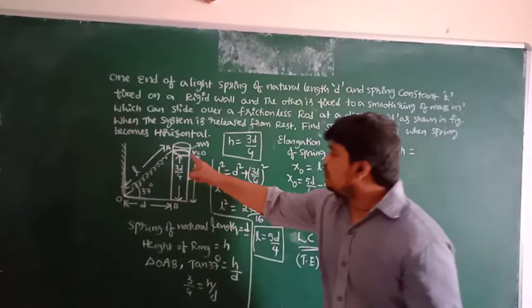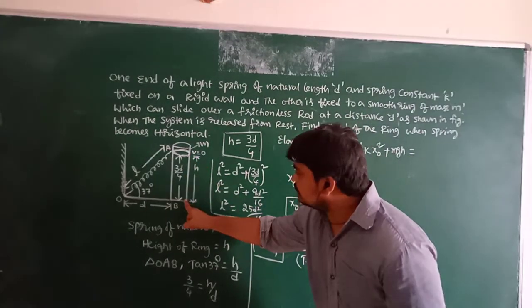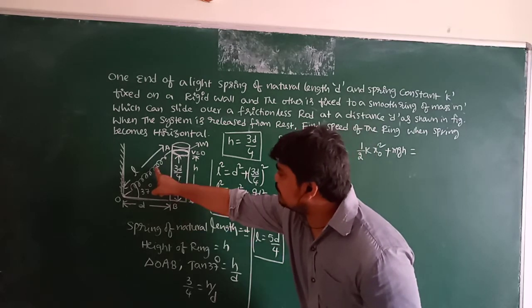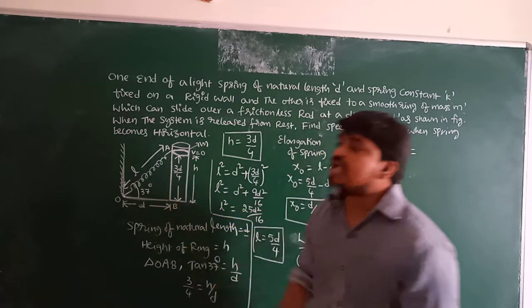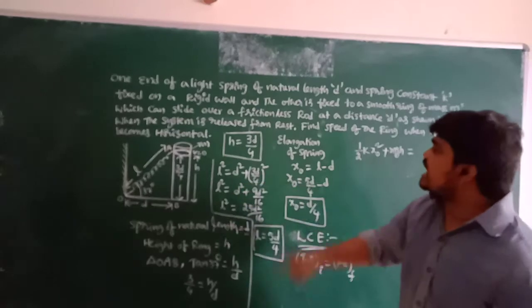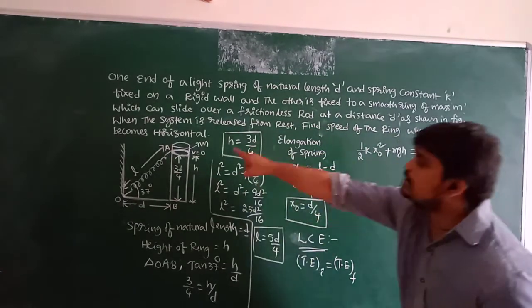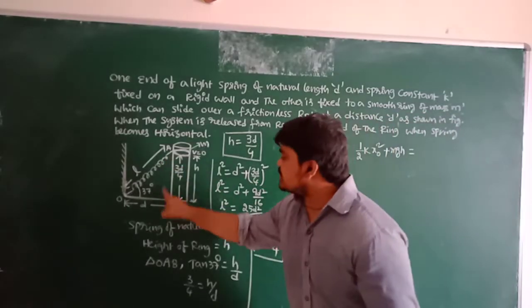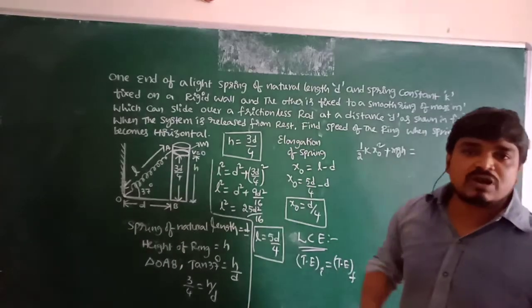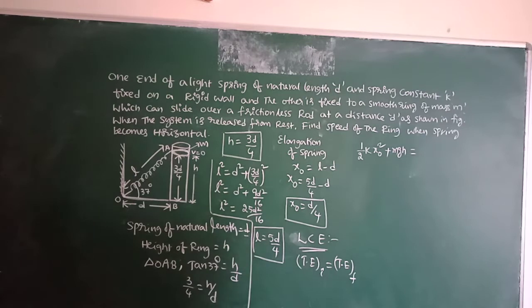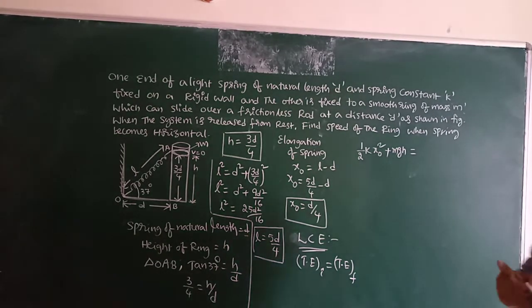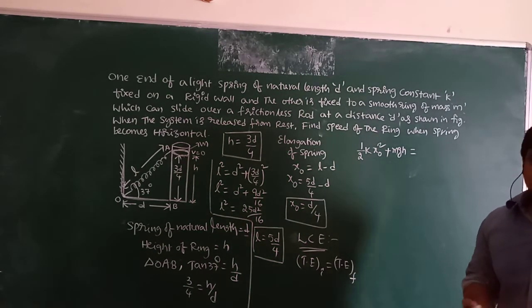When the ring comes to the bottom, the spring attains natural length. We have to find the speed of the ring when the spring becomes horizontal. When the spring becomes horizontal, it attains natural length, and it doesn't possess any energy due to elongation.